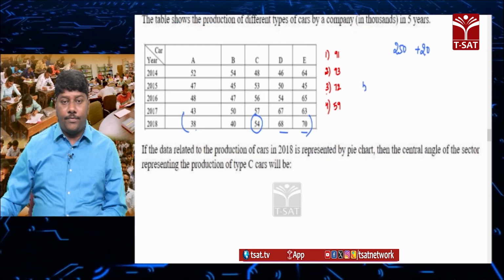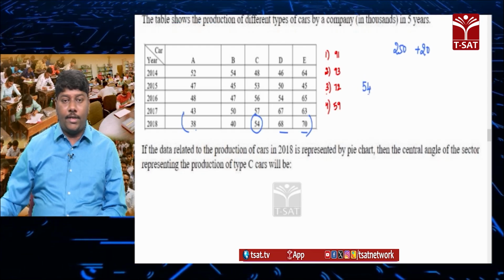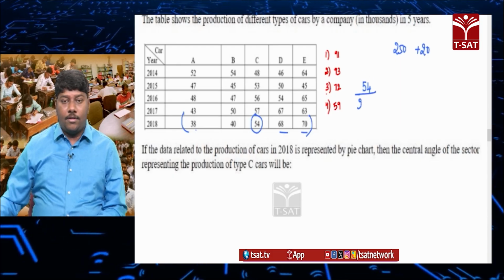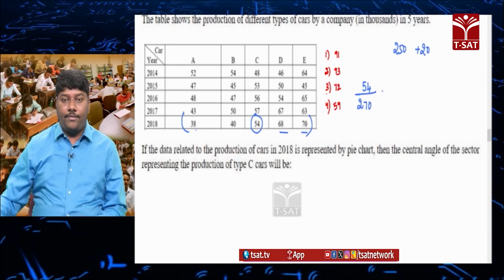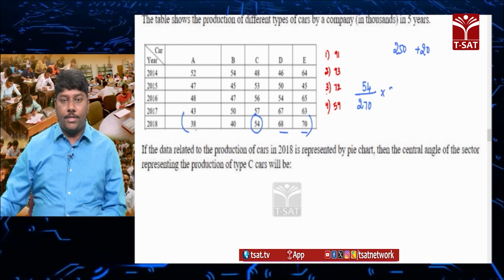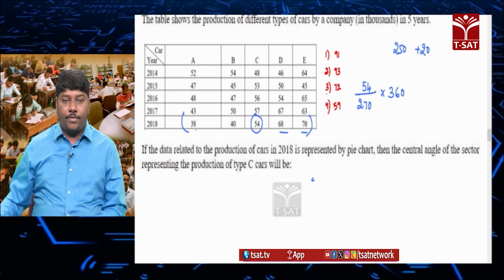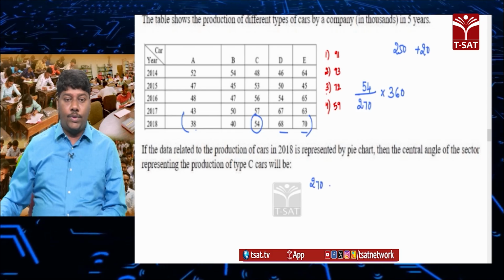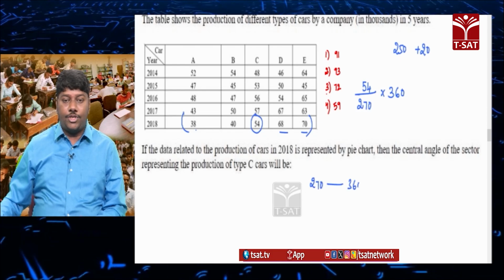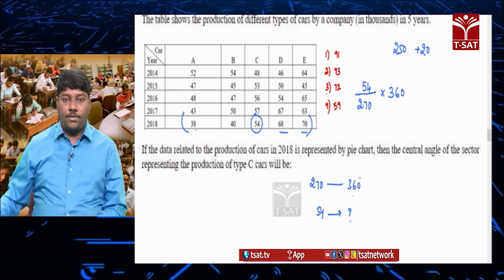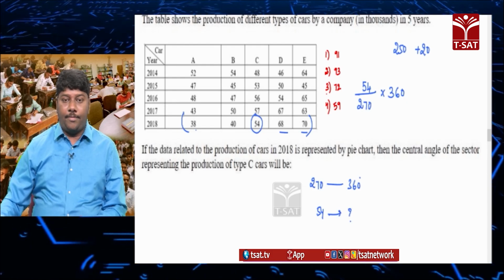So the central angle is, 54 is what? 54 you have to represent. So 54, total value is 270. If you need to convert it into degrees, multiply it with 360. Or else, in the unitary method, 270 represents 360 degrees. What does 54 represent? You just need to cross multiply and you will get the same.